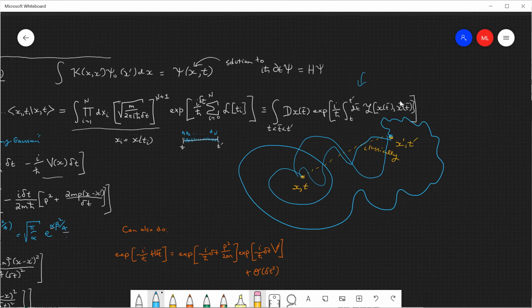And so the paths for small h bar that contribute the most will be the ones for which the quantity in here varies slowly. Because if it's large and varies quickly, then those oscillations will just cancel each other out.